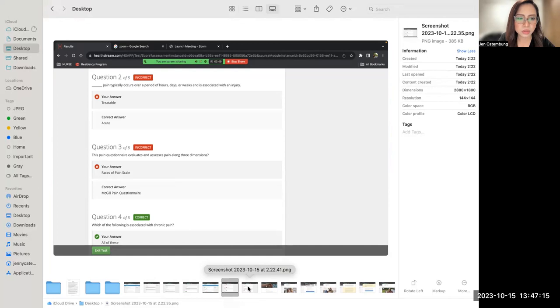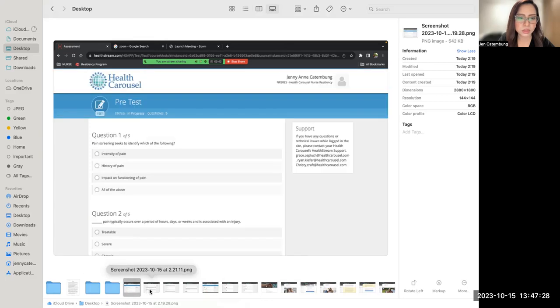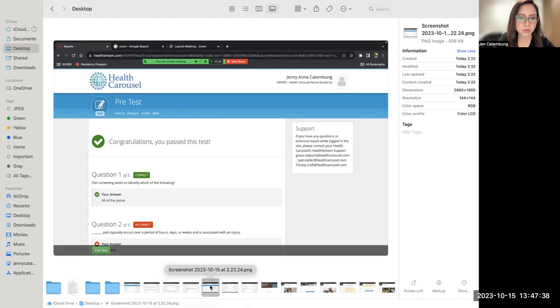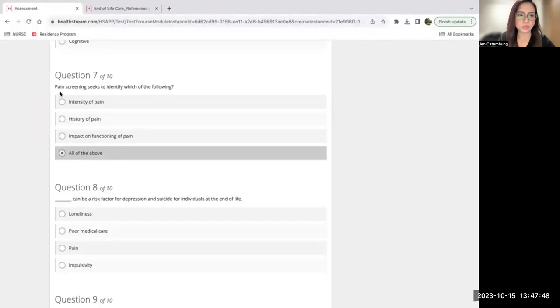That's acute and chronic pain. Oh, wait, where's that? Pain screening seeks to identify the following. It's here. So what's the answer? All of the above. Yeah, it's all of the above.